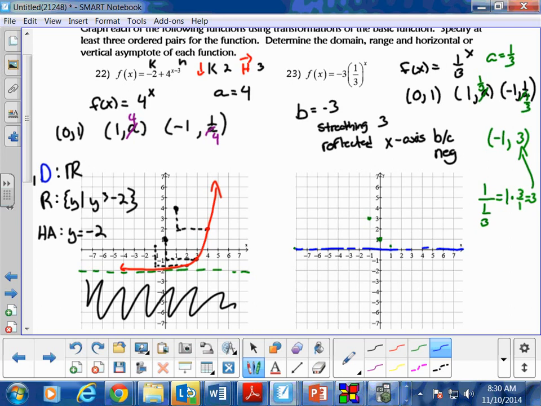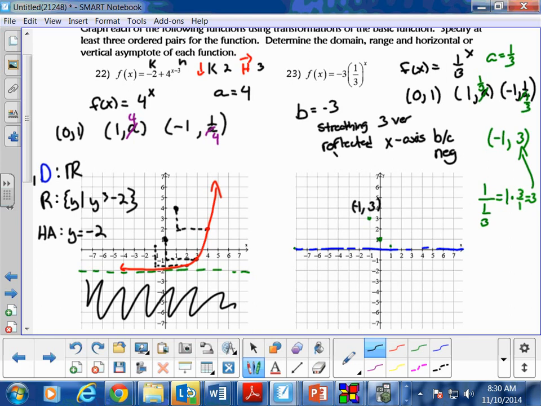But two things are going to happen. This is going to be reflected, and it's going to be stretched by a factor of 3, which means that this point, (-1, 3), remember it's stretching vertically.